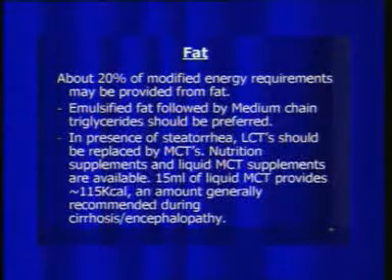Approximately, when you plan a diet, you must remember that about 15 ml of liquid MCT would provide approximately 115 kilocalories of energy. Thus, when we plan a diet for a cirrhotic patient or those suffering from encephalopathy, they can be given liquid MCTs instead of simply using visible sources of any type of fat.